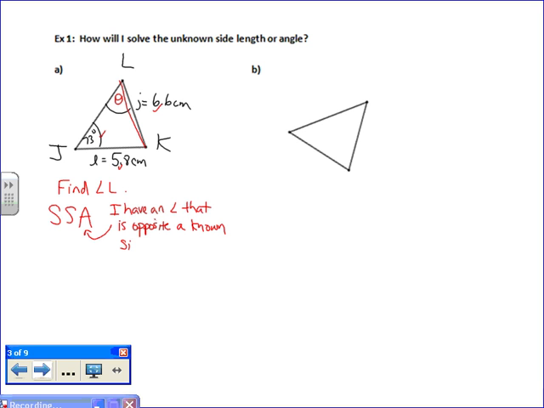So when I have an angle, angle J is what I have here, and I also have side length J, so I could use the sine of J over little j is equal to the ratio of sine of L over L, because I have side length L right here, and I'm looking for angle L. So I would use sine law.